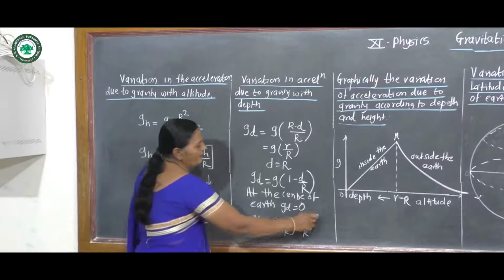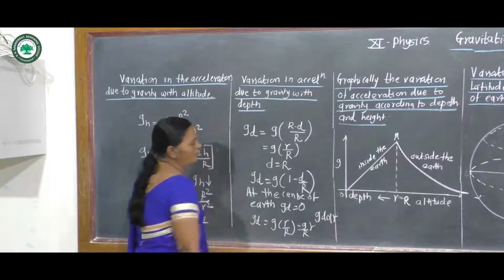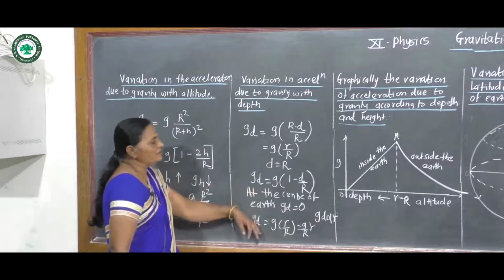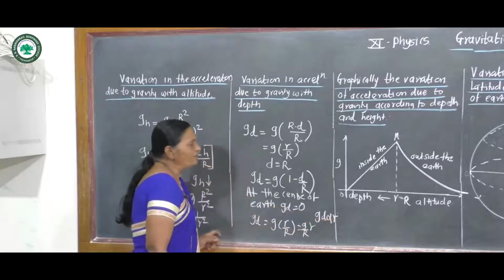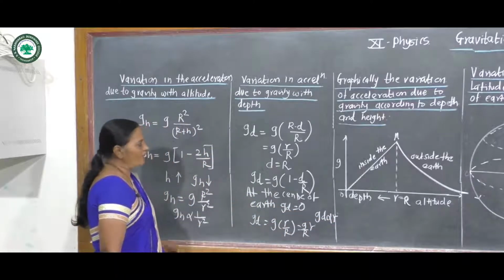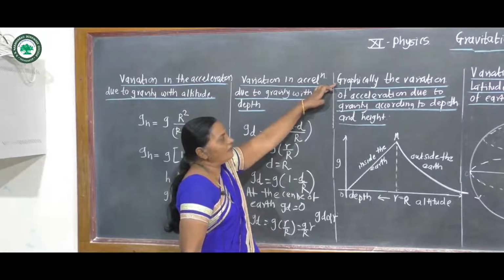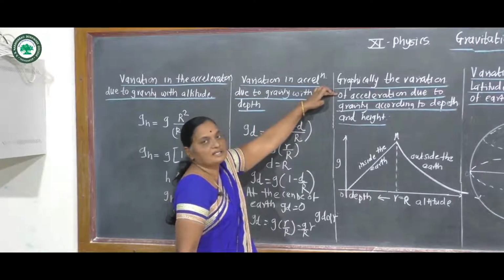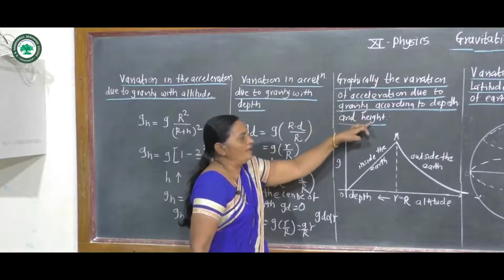We can say that g_d is directly proportional to r. Graphically, these functions can be denoted, that is, the variation of acceleration due to gravity according to depth and height.